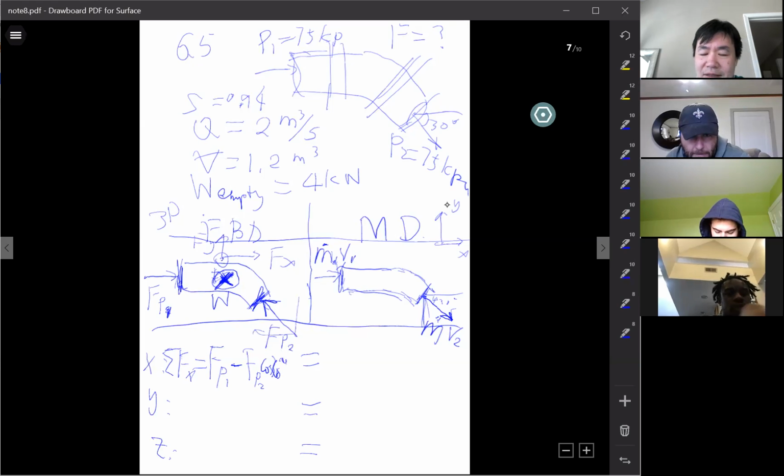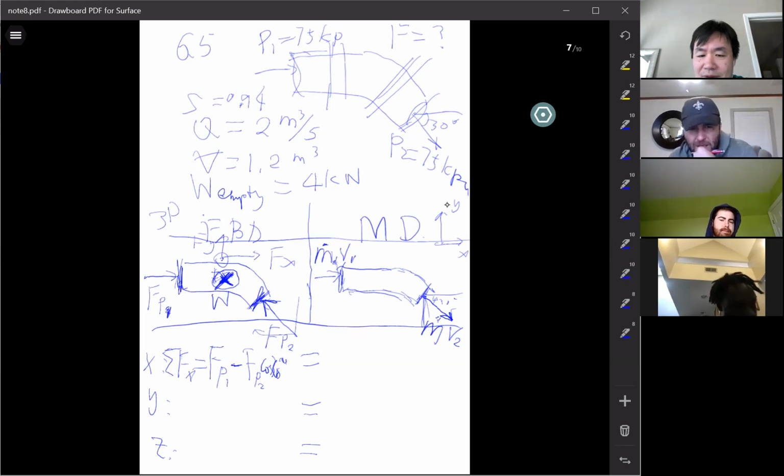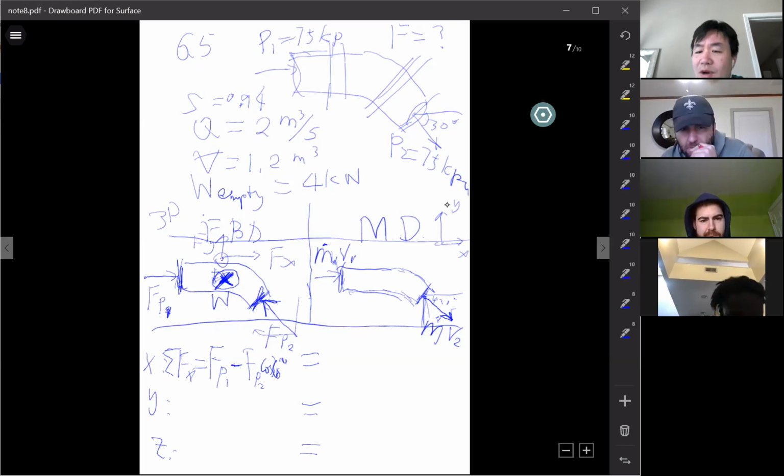How about Fx? Should it be plus Fx or minus Fx? Plus, right? I know there's got to be another one because FP1 equals FP2, so you only got a portion. Josh, when you're writing this equation, the only thing you want to look at is your free body diagram.